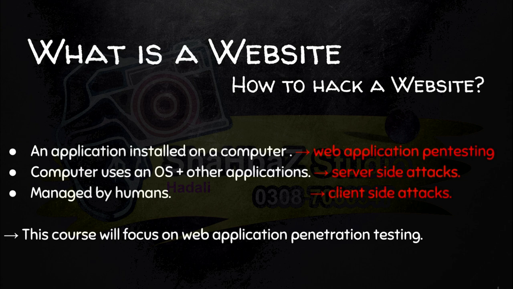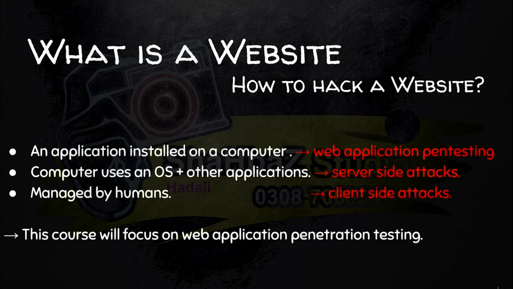If you couldn't find anything wrong with the applications installed on the web server or the operating system, then you could target the humans, because we know websites are managed by humans. For example, Facebook: you can target Mark, or you can target the admins of Facebook. These admins obviously have more privileges on that website than you, and they might be able to upload sensitive files to that website, and then you can control it and hack it by hacking into one of those people.